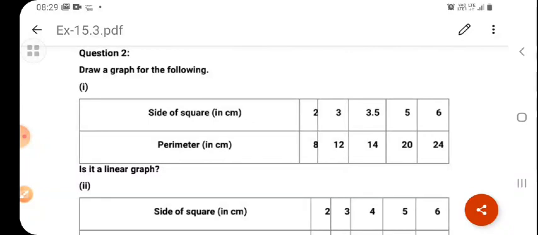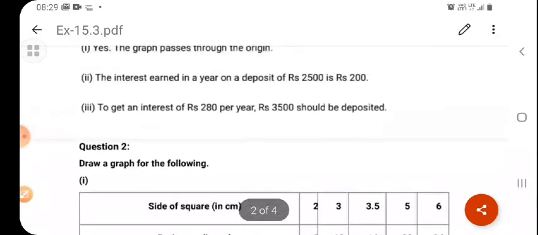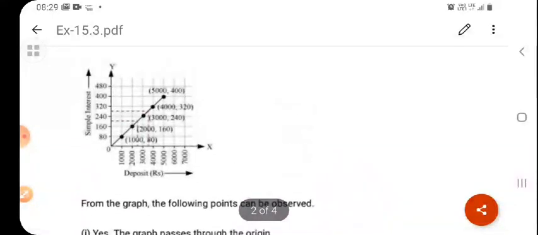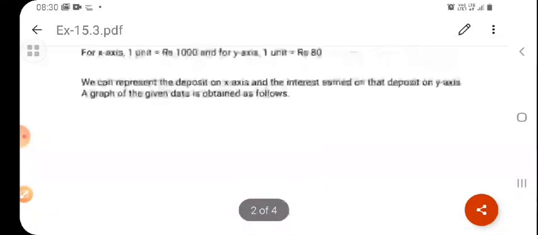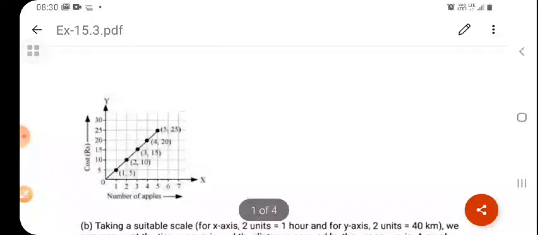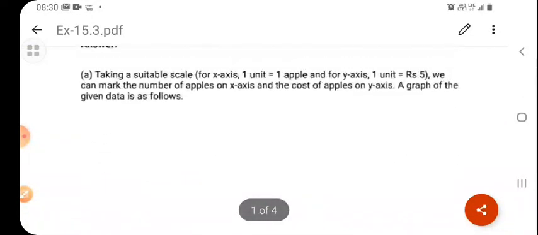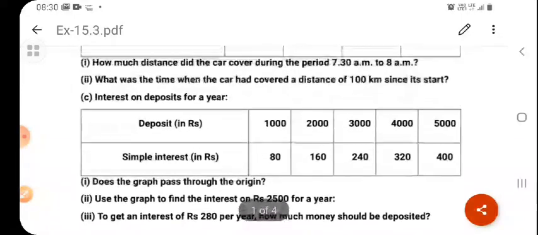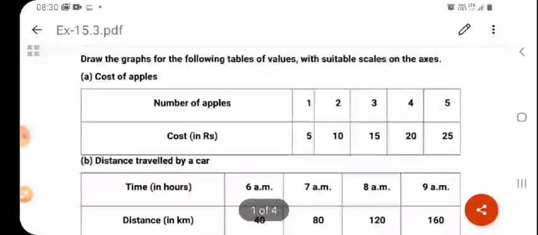You have to take them from the table. Plot in the graph paper using a pencil and paste in your notebook. Don't make this graph in the notebooks directly. Use only graph paper and then make this graph and paste it in your notebook.